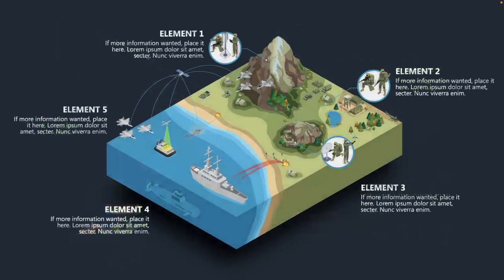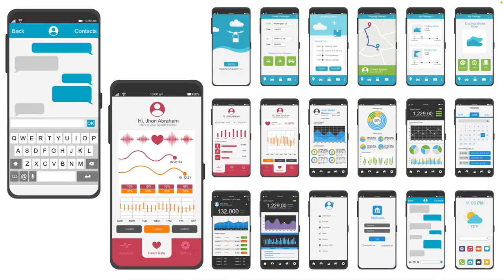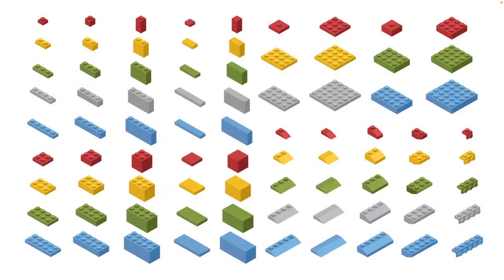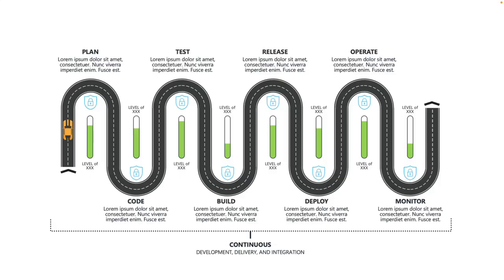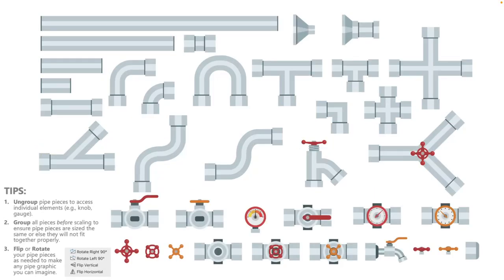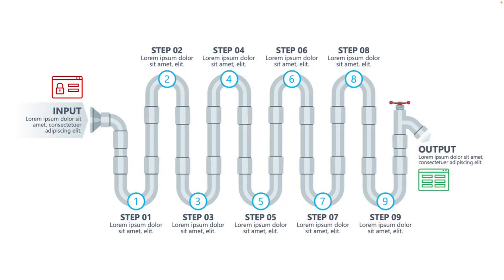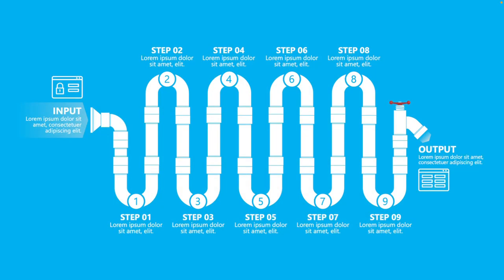In addition to those elements, you also have a library of graphic pieces that can accommodate UI development, UX development, and a kit of parts such as a road graphic, where I can take those pieces and put them together to tell a unique story that only you can tell. I also have parts for pipe graphics and so on, and you can put them together. And once you do that, you can change the format of them so that they match any brand Bible or requirements that you may have.